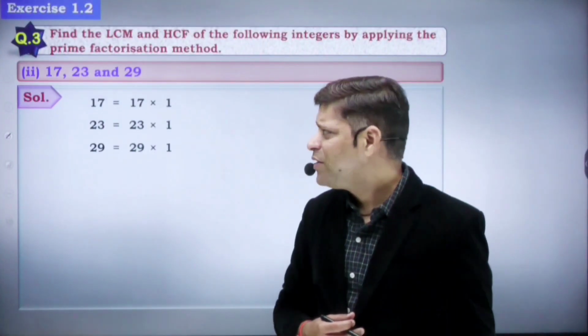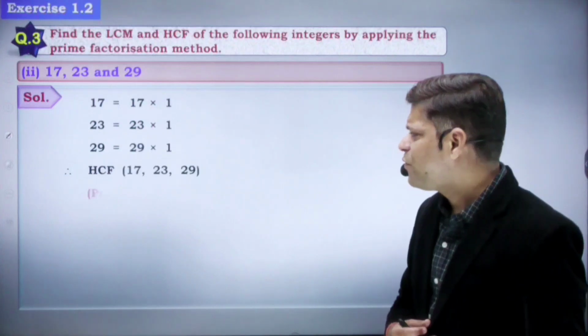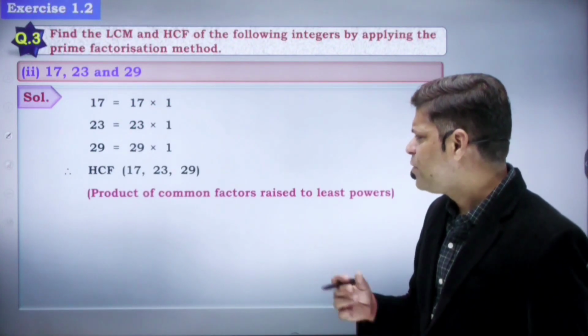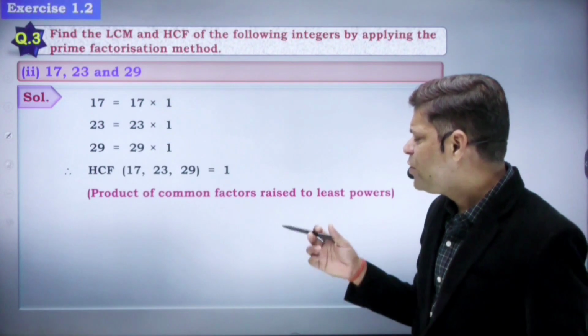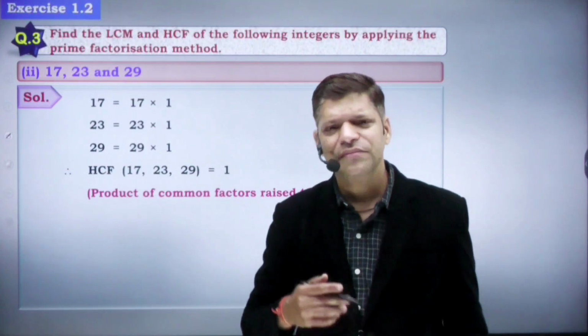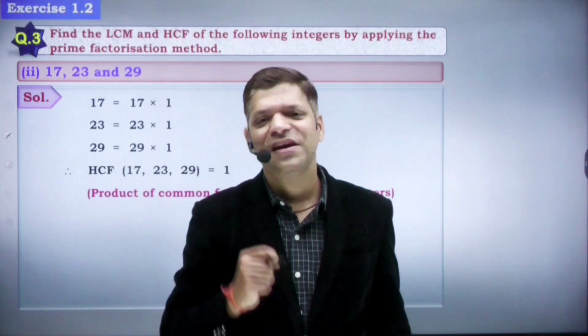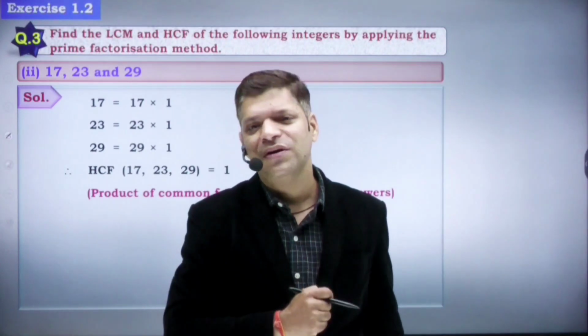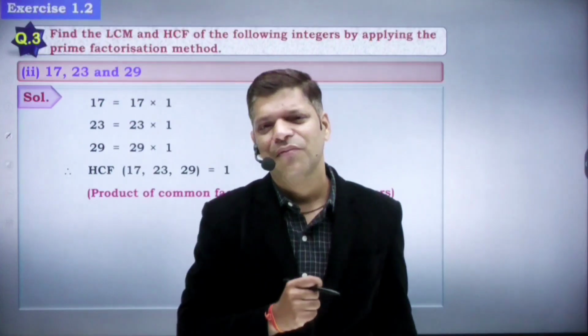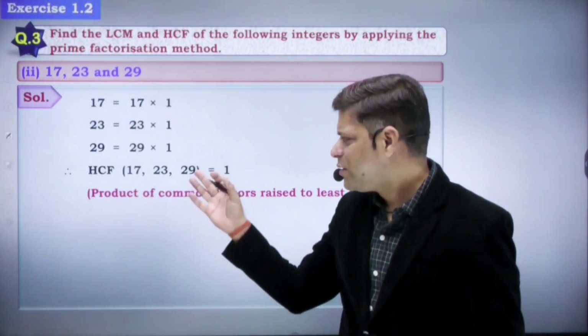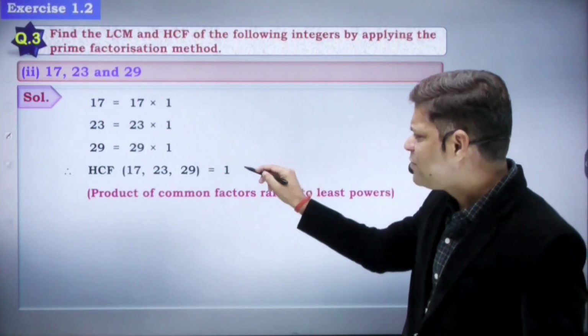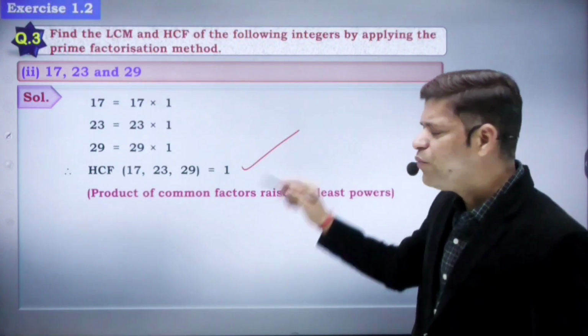When we find the HCF of all these three numbers, the product of common factors will be equal to 1. That is, these are co-prime numbers, so the HCF will always be equal to 1.